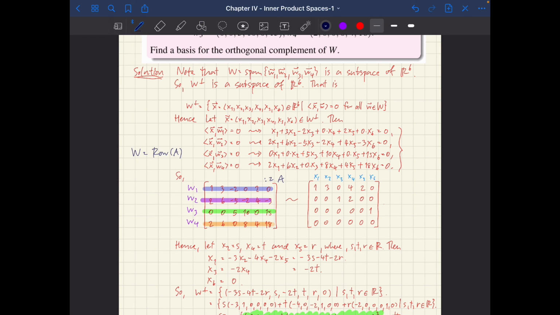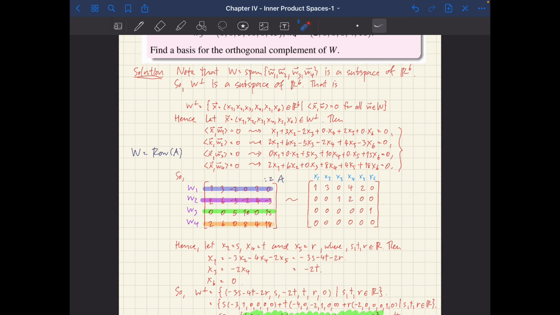And what is this? It is like you find the solution of AX equal to 0, right? And what is X? X is the solution of AX equal to 0.